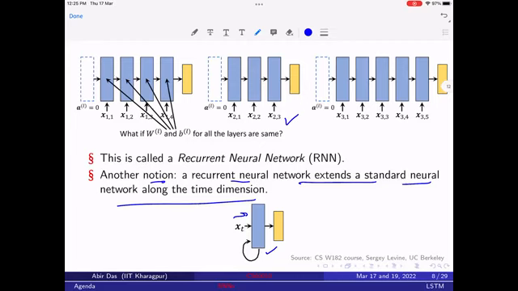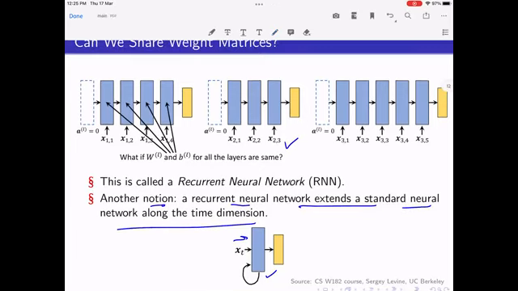Just to summarize, the difference between normal neural networks and this recurrent neural network is that you have many layers, but these layers are all shared. That is, they all have the same weights and biases, the same learnable parameters. And you not only have input from the first layer; inputs can come in every layer.